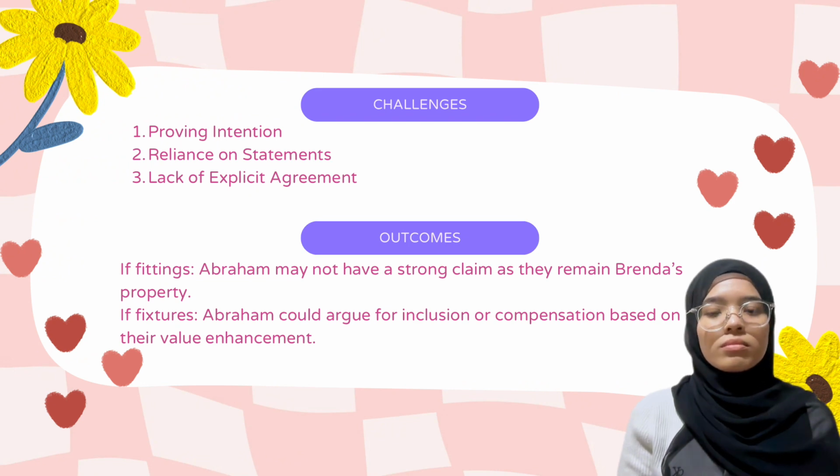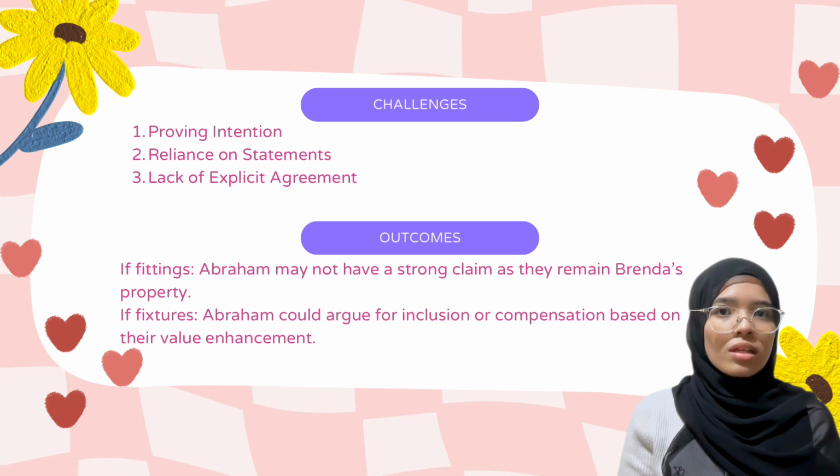In summary, Abraham's case centers on whether the paintings and sculptures are fixtures or fittings. Key cases like Berkeley v Poulett 1976 and Elitestone Ltd v Morris 1997 guide this determination through the degree and purpose of annexation.